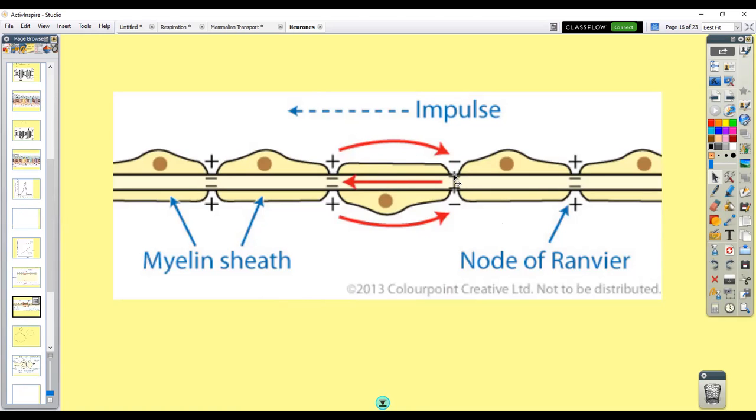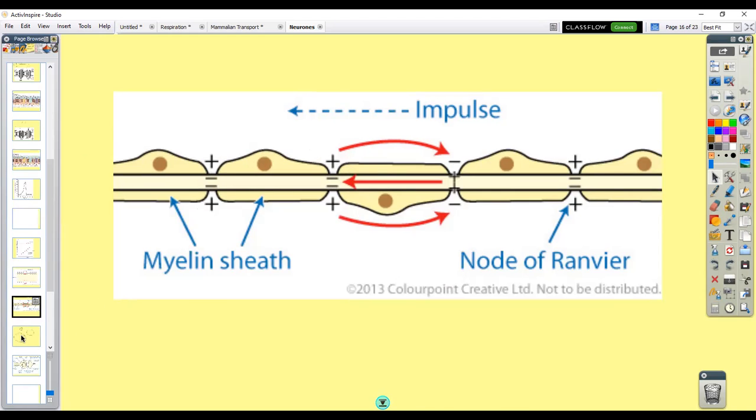So the only sodium-potassium channels that will be able to open and close are at the nodes of Ranvier. Okay, so in this case, you get depolarization in the node of Ranvier, then that will jump to the next node of Ranvier, next node of Ranvier. So the impulse sort of jumps between the nodes, which causes that impulse to speed up or be faster along the axon.